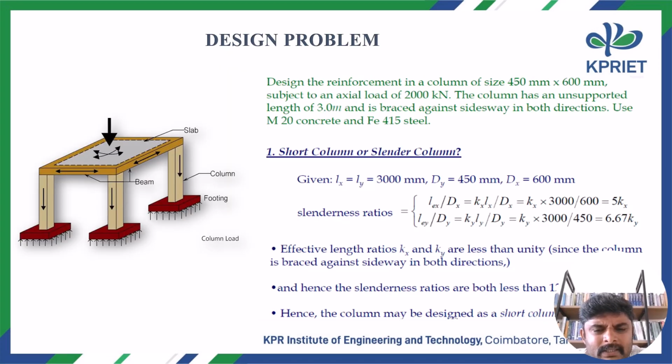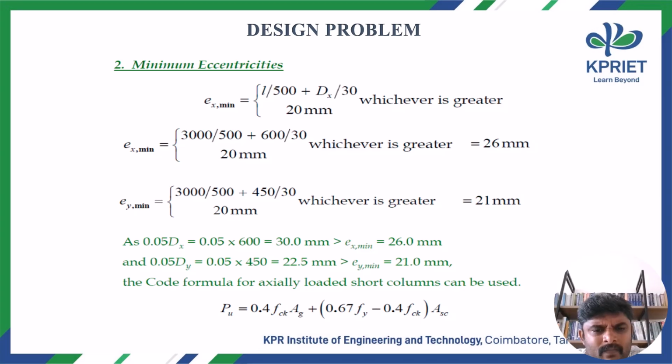And then design of column. First you will check the slenderness limits. Based on the slenderness ratio, we find whether the column is short or long. It is the ratio between effective height and the least lateral dimension.